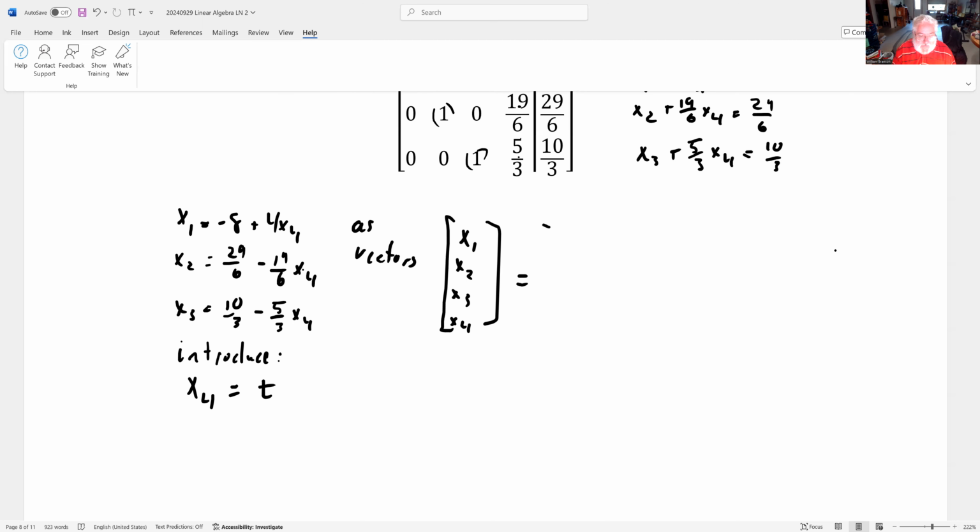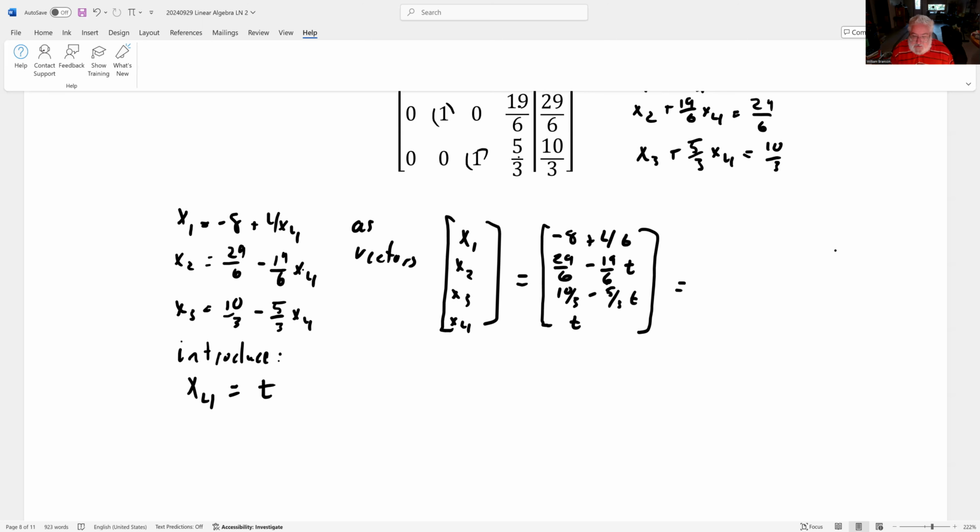So what does that make our equations now? Minus 8 plus 4t, 29 over 6 minus 19 over 6 times t, 10 over 3 minus 5 over 3 times t, and x4 is t.